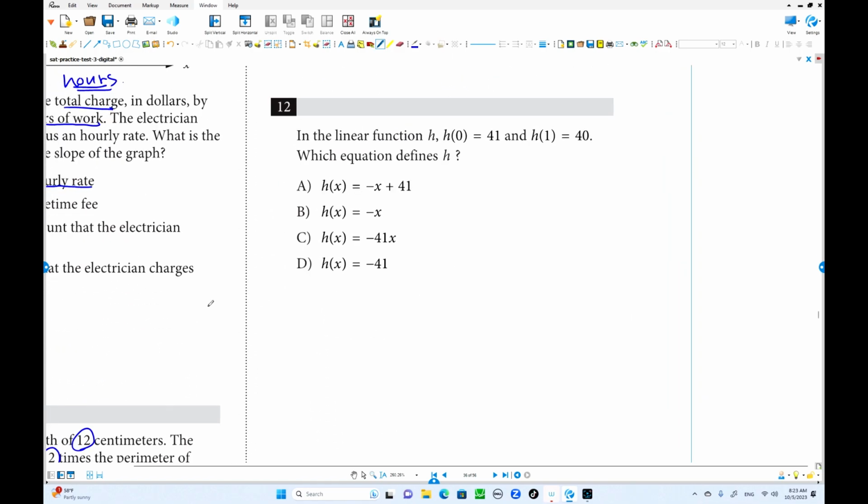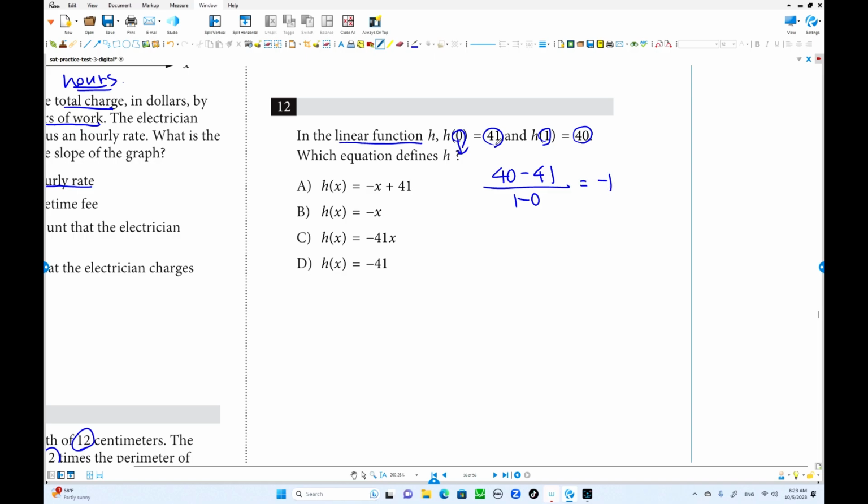Number 12. H is equal 41, H1 equal 40. What is the equation of this line H? It is a linear function. You can find the slope: y2 minus y1, 40 minus 41, over x2 minus x1, 1 minus 0. Negative 1 is the slope.